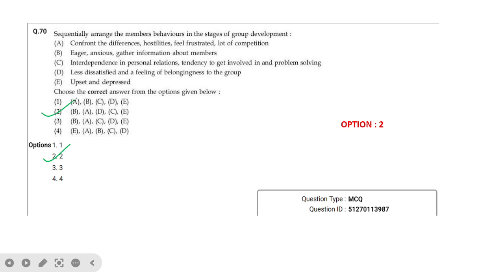Then is confront the differences, hostilities, feel frustrated, a lot of competition. Then is less dissatisfied and a feeling of belongingness to the group. Then is interdependence in personal relations, tendency to get involved in and problem solving. And the last is upset and depressed. So these are the stages of group development. Members' behavior in these stages of group development.